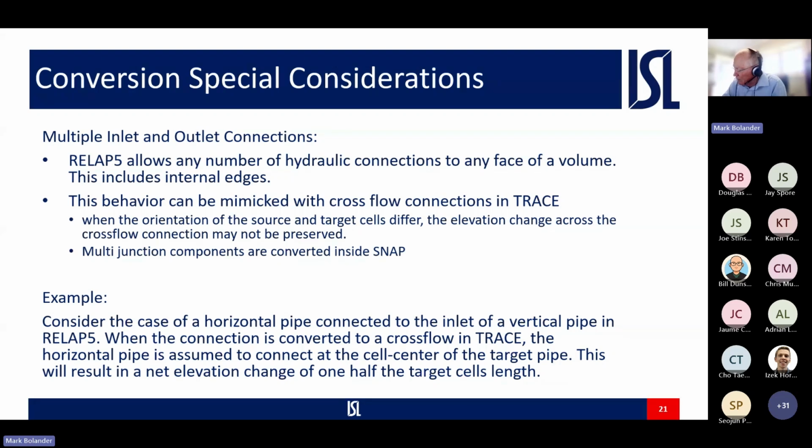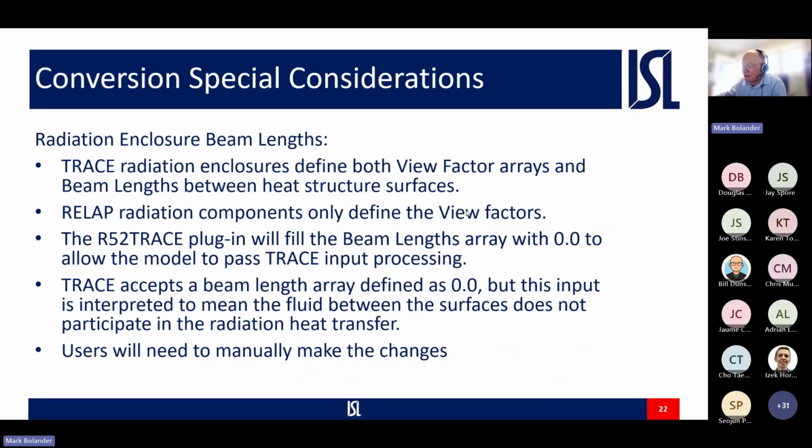It gave us the loop closure that we were after. Appreciate that, Jay. A good thing to note is how those 0, 90 and 180 connections are treated in TRACE.